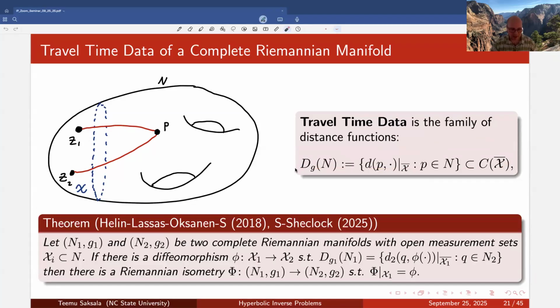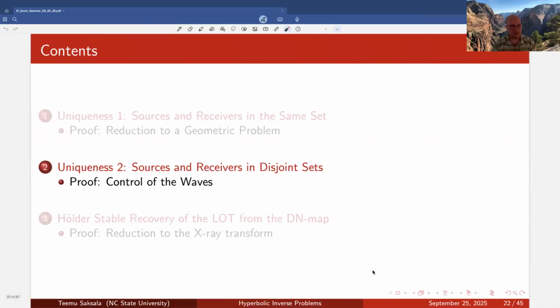If that's the case, then we showed with Helin, Lassas and Oksanen that yes, in this case you can recover your Riemannian manifold up to change of coordinates, and this change of coordinates actually corresponds with my a priori known data map phi. Okay, so this is the idea. You want to use those tools to reduce the problem here. And that's the end of this part. So any questions about that part?